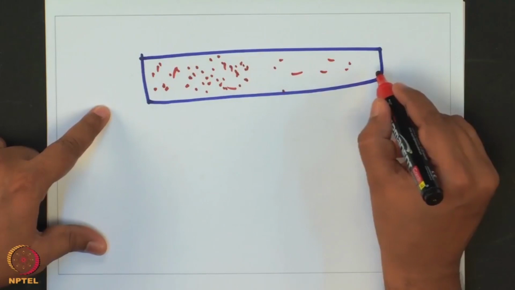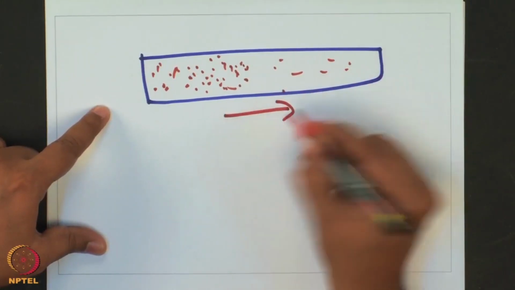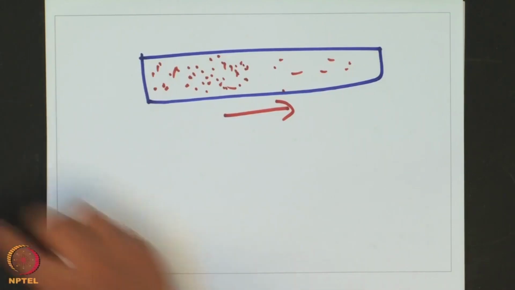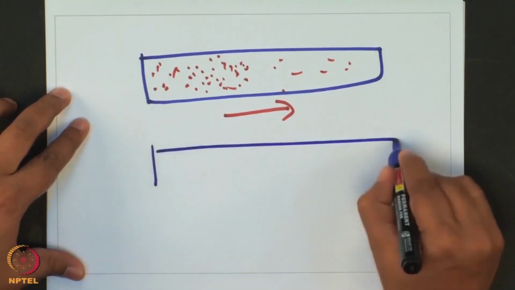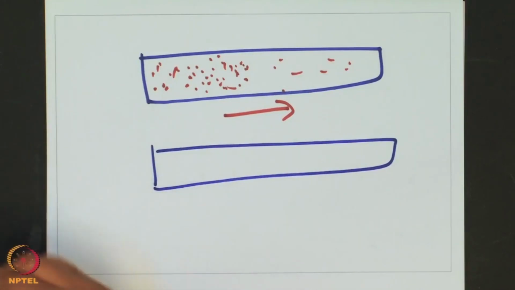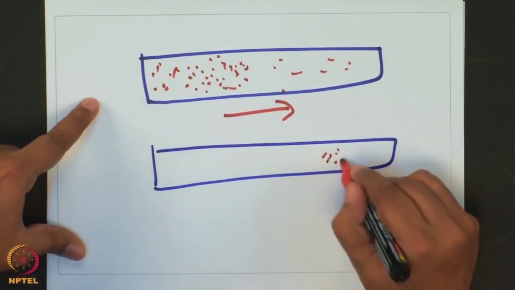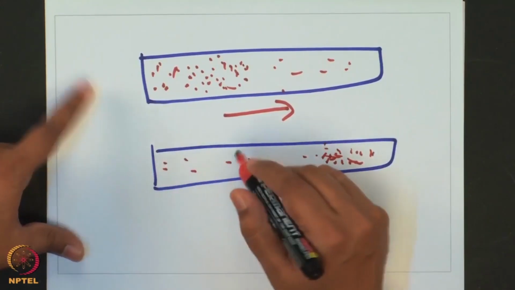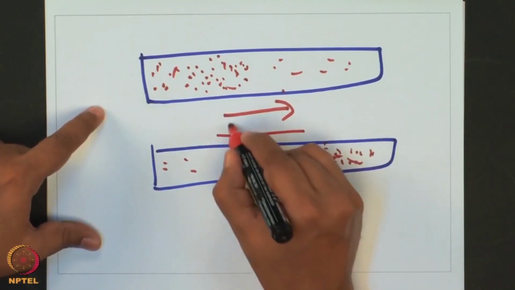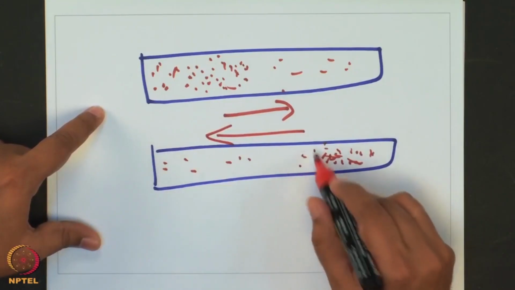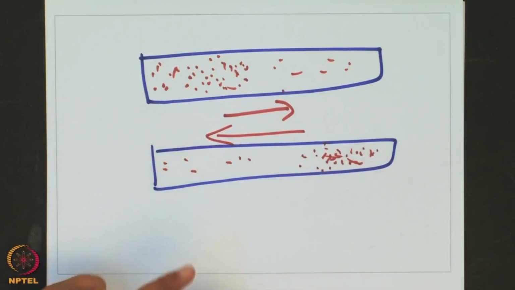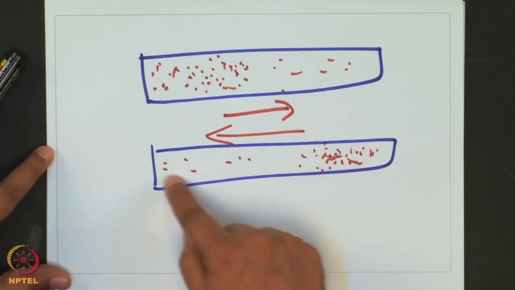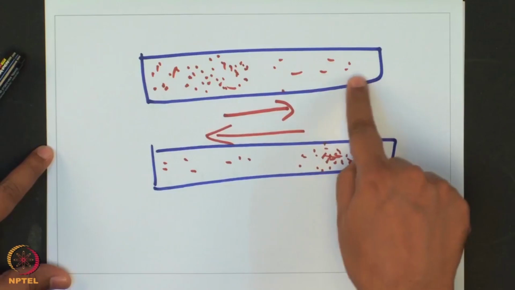So, higher concentration here, lower concentration here, so the flow will be in this direction. If I have a situation like this, where you have higher concentration here and lower concentration here, the flow will be in this direction. From higher concentration to lower concentration will be the flow of protein molecules.